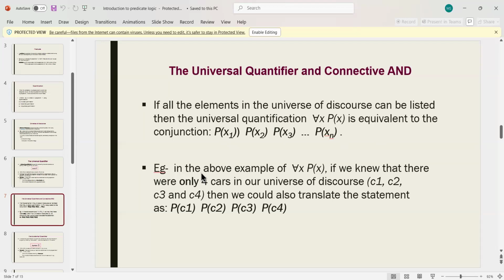In the above example for all x, p of x, if we knew that there were only 4 cars in our universe of discourse, C1, C2, C3 and C4, then we could also translate the statement as P of C1 and P of C2 and P of C3 and P of C4.